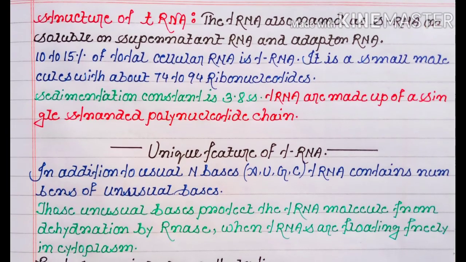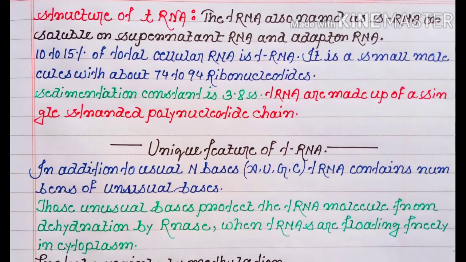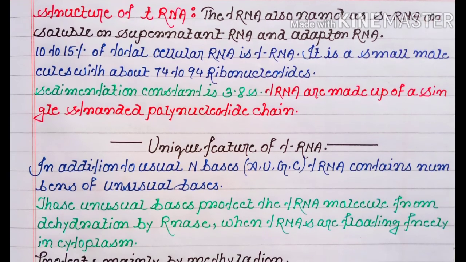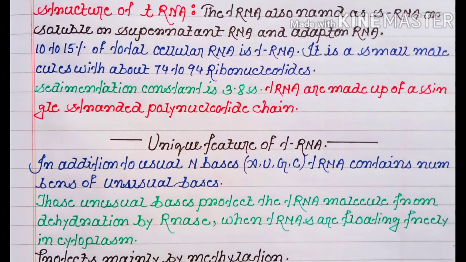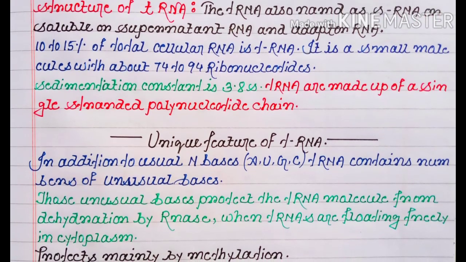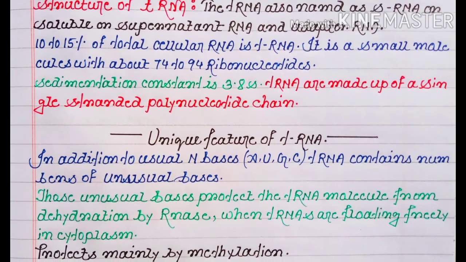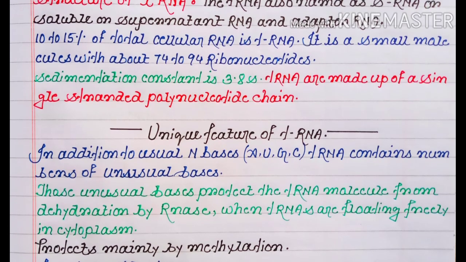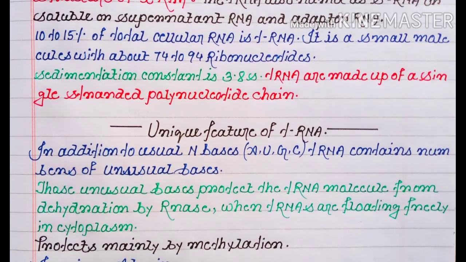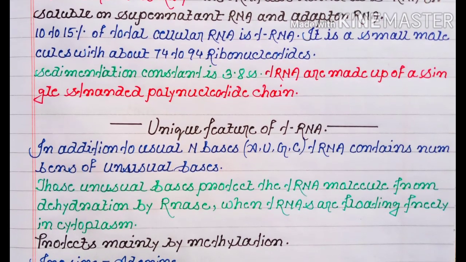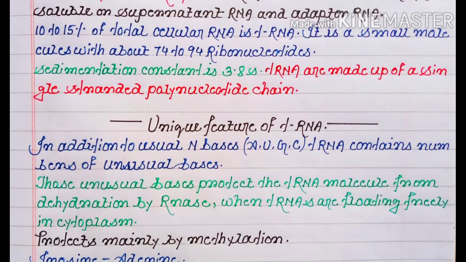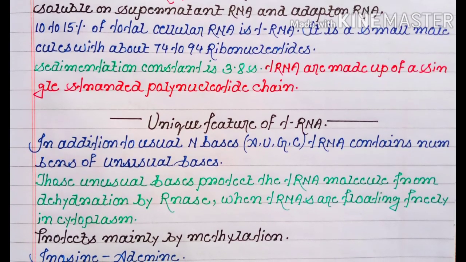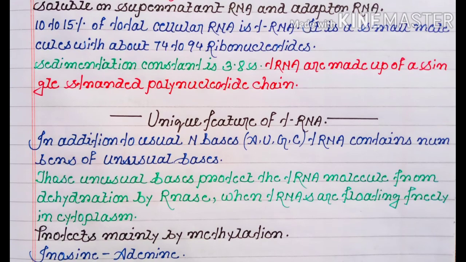It is a small molecule about 74 to 95 ribonucleotides long. The sedimentation constant is 3.8 S. tRNA is made up of a single-stranded polynucleotide chain.